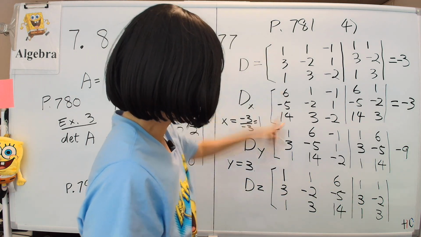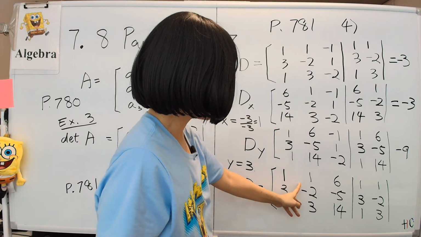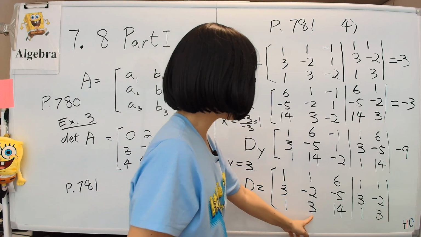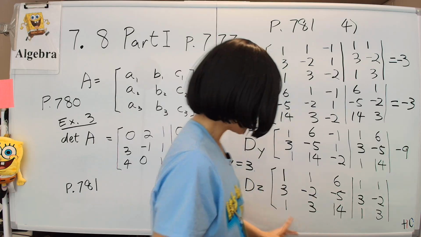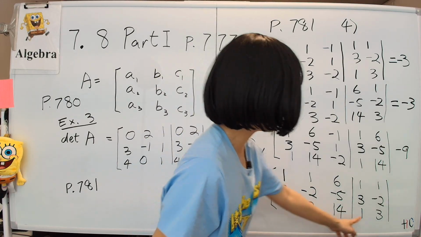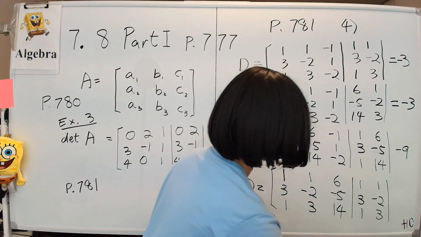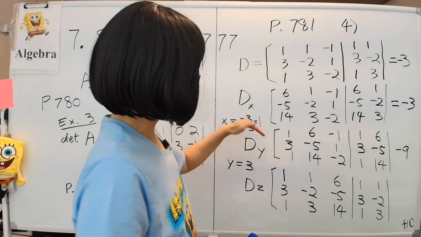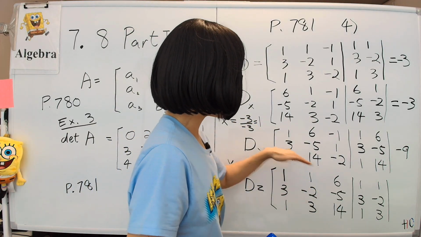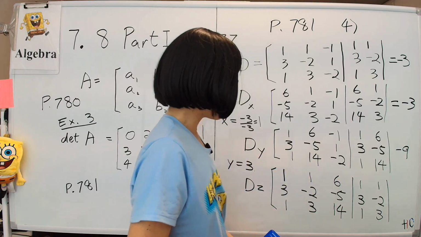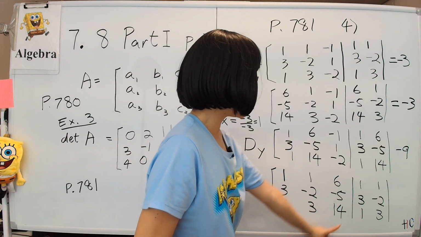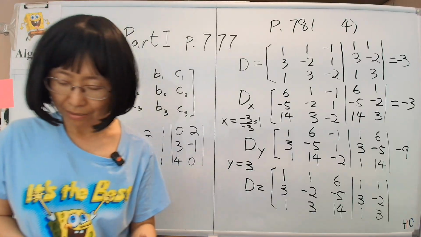There's 1, 3, 1, and the 1, minus 2, 3 is over here, and the first 2 rows have to be repeated over here. So I did that. That should all look okay. So let's do that thing again. We'll multiply diagonally down 3 times, add it, and then subtract diagonally up 3 times. So let's do that.